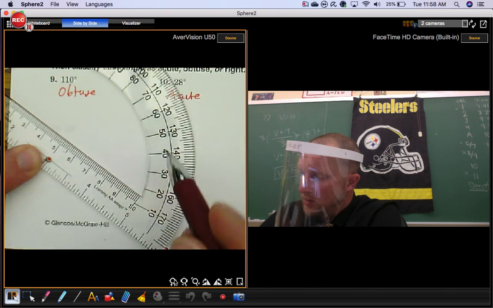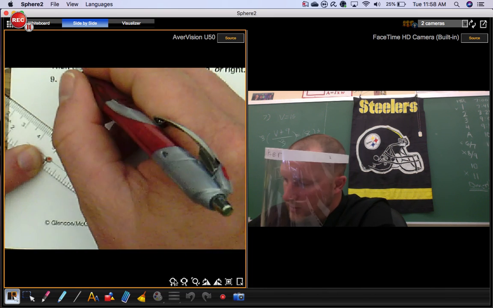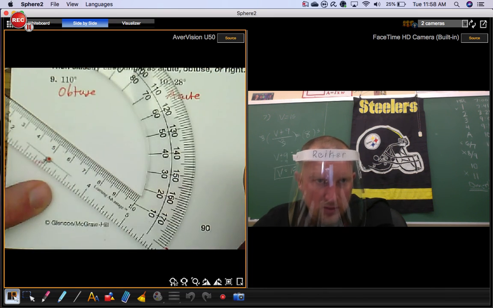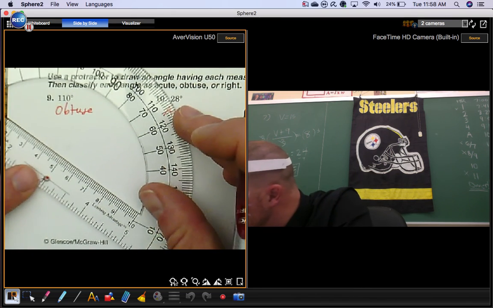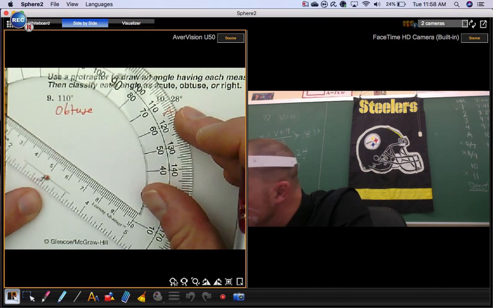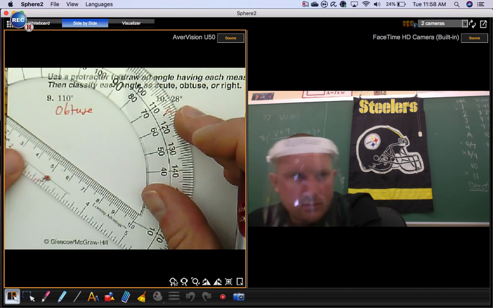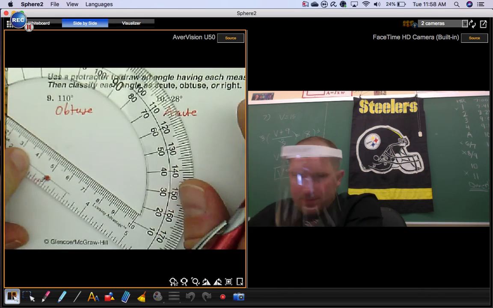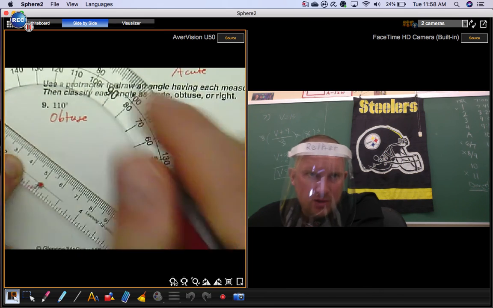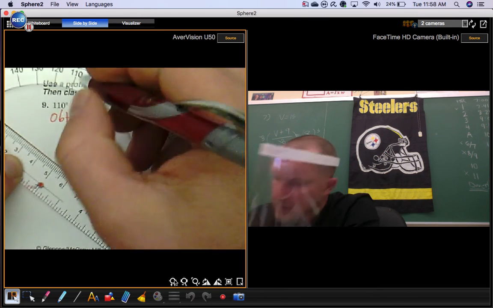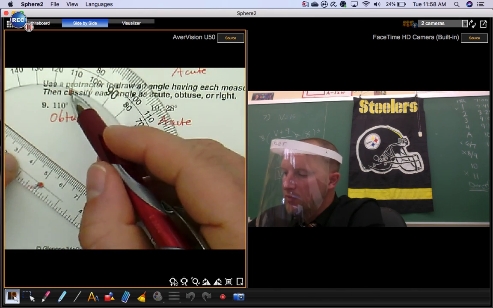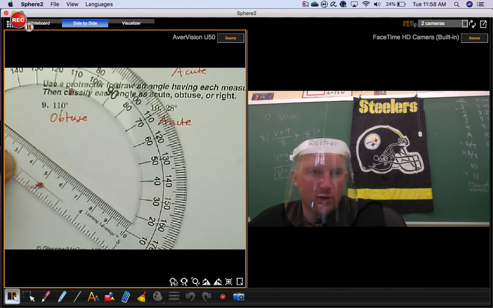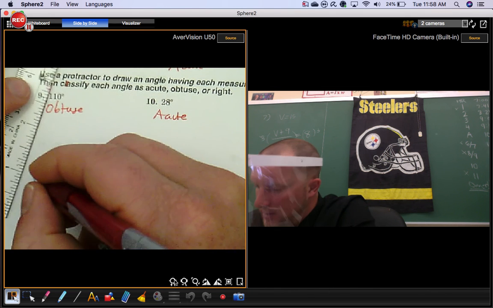Here's 10, 20, 30, 40, all the way up to 110. Okay? You can't see the 110 right there. I don't want to move this too much. Here's the 110. Now it's in the frame. Make that little mark there. So I have a mark for my 110 and I have a mark for my 0. All I need to do now is connect them.